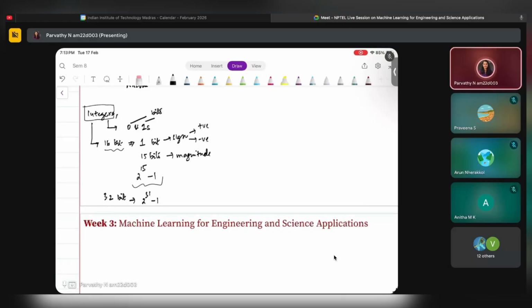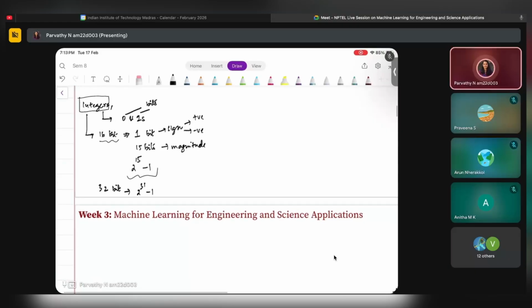Now when it comes to floating point representation, there is a general form, which is given by plus or minus (1 plus f) into 2 raised to e, where f is called the mantissa, which is the fractional part, and e is the exponent.